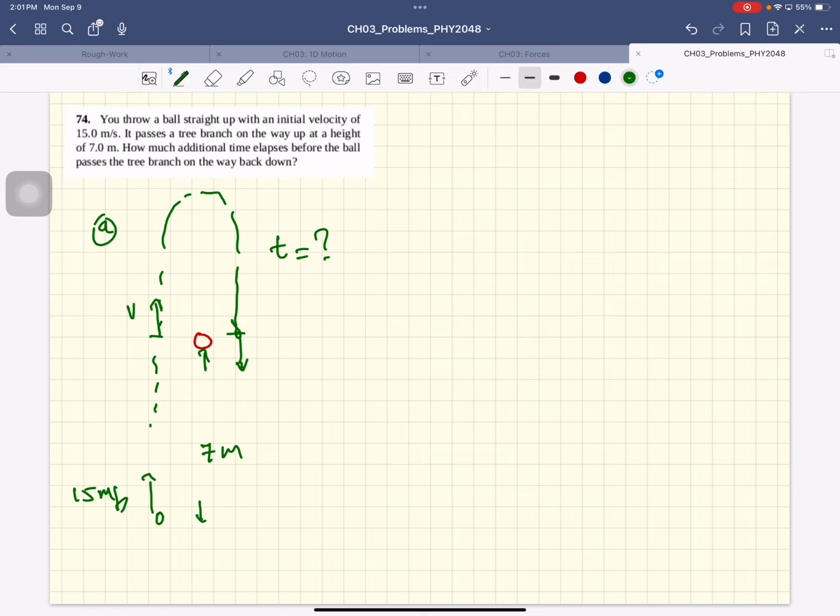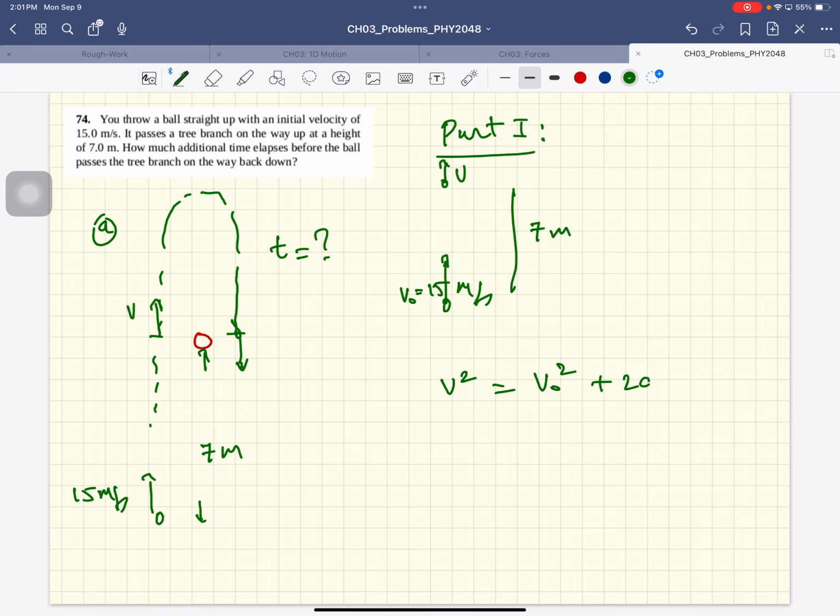All right, so part 1. Its initial velocity is 15 meters per second. It travels 7 meters, and let's calculate the final velocity. So again, v squared equals v naught squared plus 2a times x minus x naught.